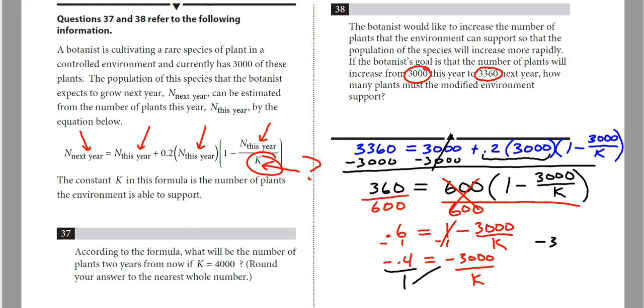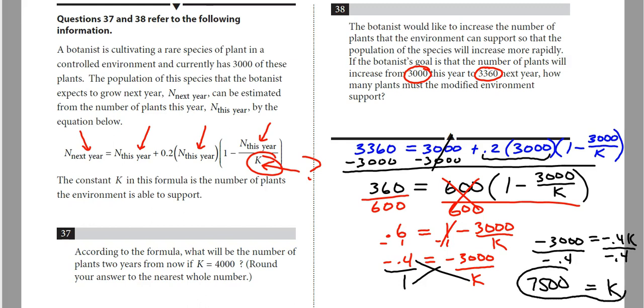I get negative 3,000 equals negative 0.4K, divide by negative 0.4, divide by negative 0.4. Two negatives are going to divide out to give me a positive. So basically I have 3,000 divided by 0.4 comes out to be 7,500.